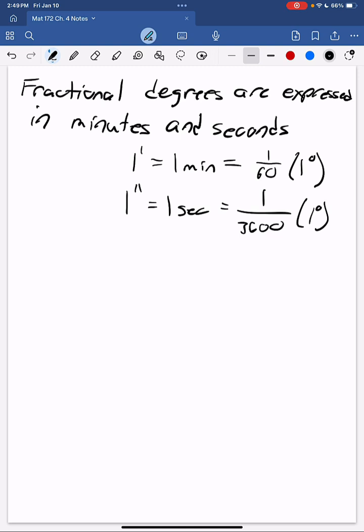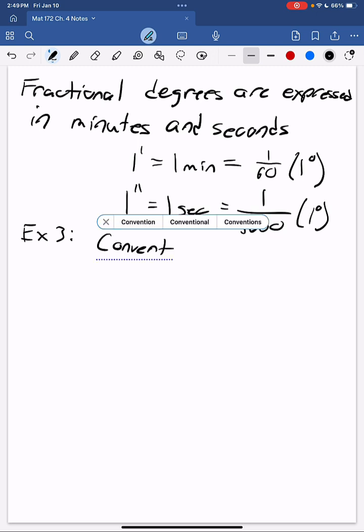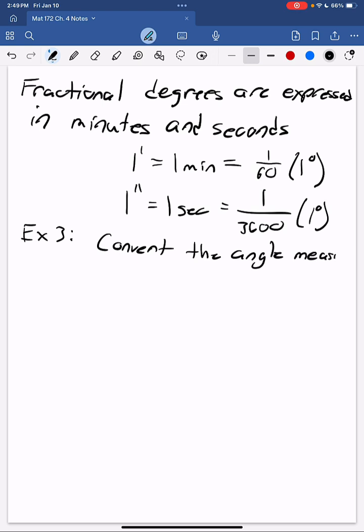Okay, so let's do one here. I think this would be example 3. Let's convert the angle measure to decimal degree form.